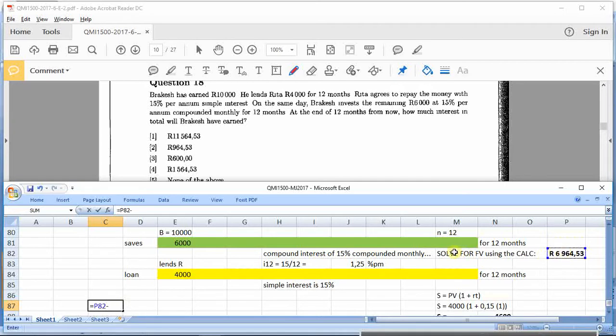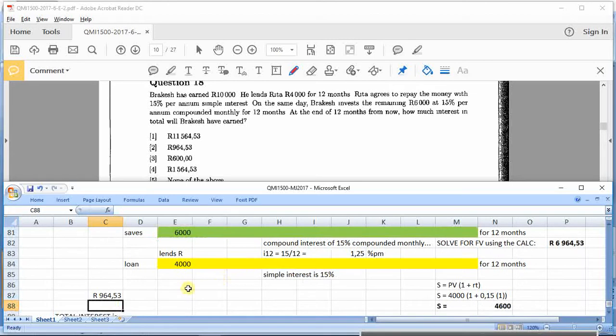Can we just finish this one? This minus that gives you that. This is interest on the savings. This minus that.